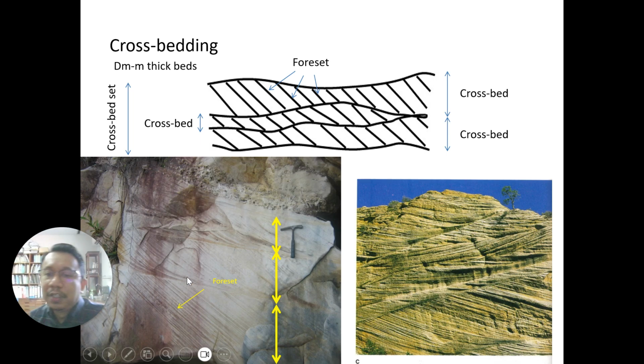You get these inclined layers, but we don't call them cross laminae, we call them cross beds, because these beds with the internal cross beds are decimeter to meter thick. They are more than 30 centimeters thick. And what's the maximum thickness? They can be hundreds of meters thick sometimes.